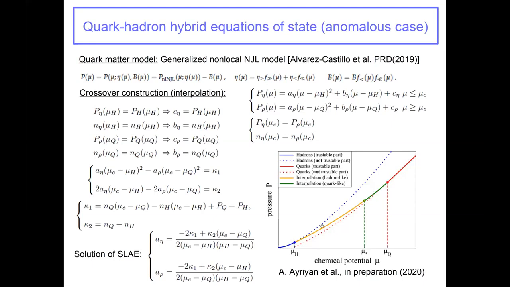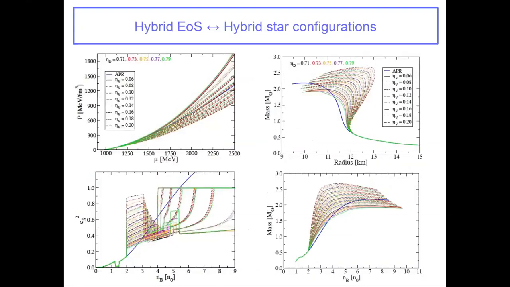At high densities, we believe the quark-matter model, and we make an interpolation. So here we suggest actually a very sophisticated two-step interpolation with hadron-like branch up to a critical chemical potential, and the quark-like branch at higher densities. So the construction can be fixed, and with this we have described a hybrid equation of state on the basis of the APR equation of state.